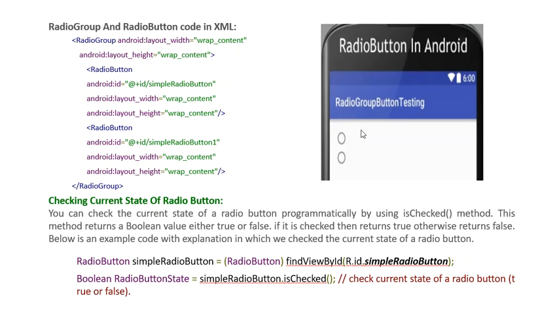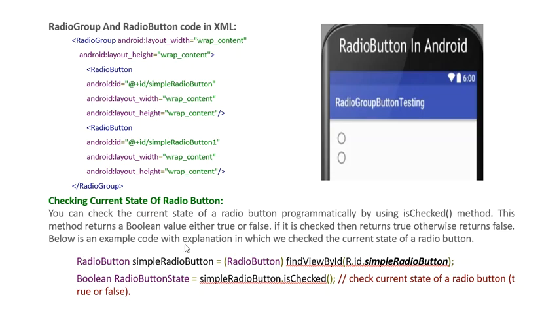Checking the current state of a radio button: you can check the current state of the radio button programmatically by using the isChecked method. This method returns a boolean value, either true or false. If it is checked then it returns true, otherwise it returns false.